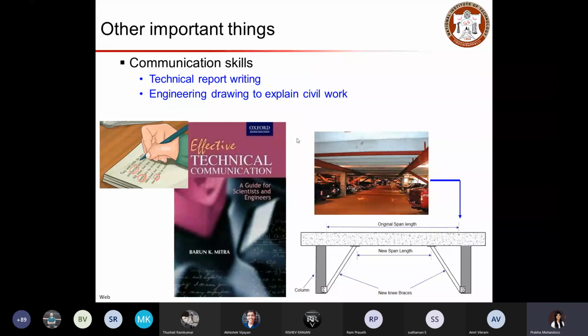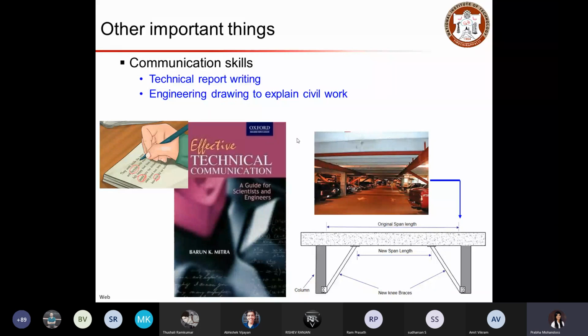So in this course also, that is why I generally give a project as one of the assignments, so that it will be good practice for you to learn how to document the actual problems on the site in a proper manner. In general, when we do a repair work, we go to the site, observe all the damages that we can see visually, and then we report that.